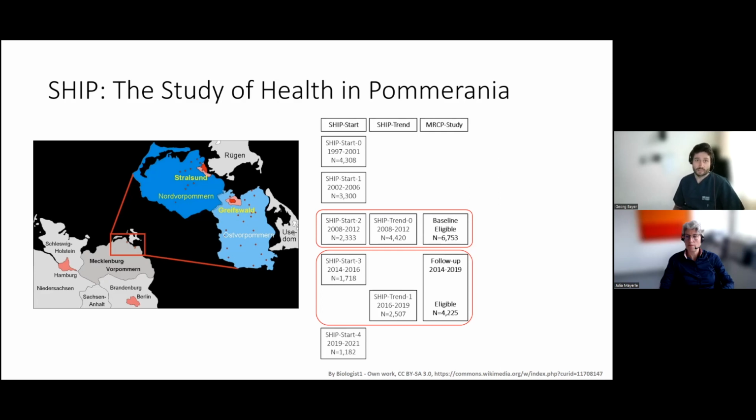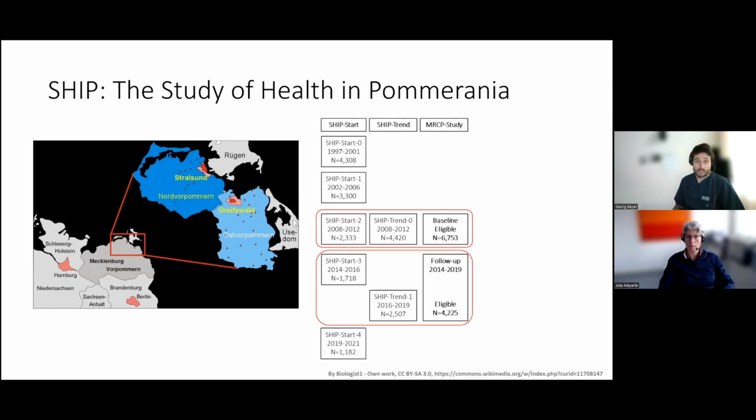Luckily for us, there is the so-called Study of Health in Pomerania, or short SHIP, which is being conducted in the very northeast of Germany, which is based on subjects recruited from the general population. It was already started in 1997, and subjects that have been included have been followed up every 5 years.